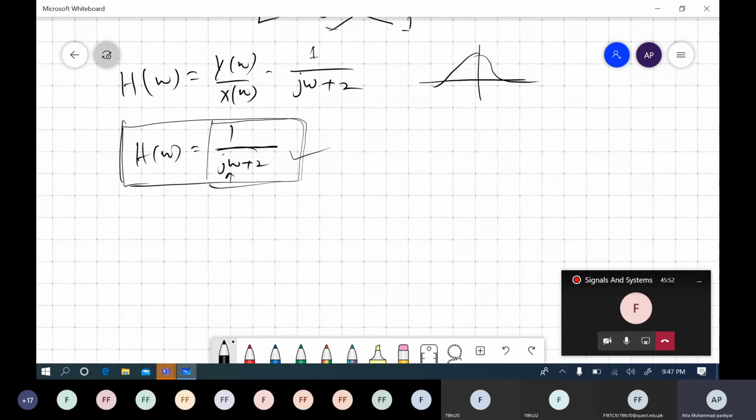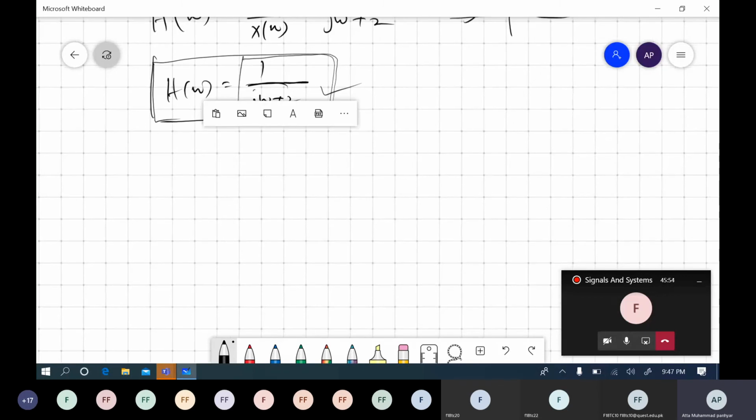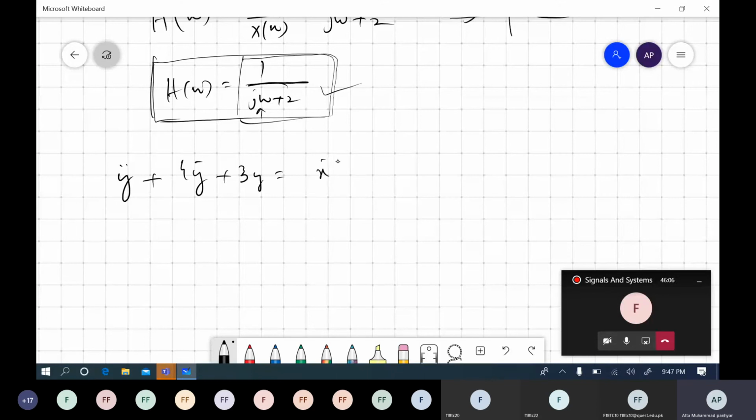For example, we have another system: y double dot, the second derivative, plus 4 y dot plus 3y is equal to the derivative of x of t plus 2x.